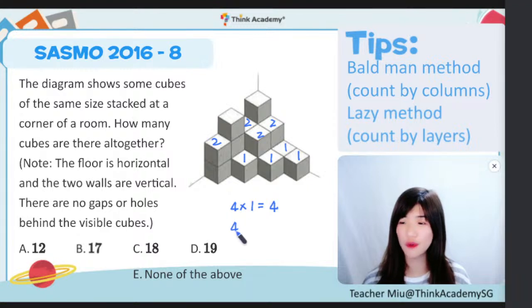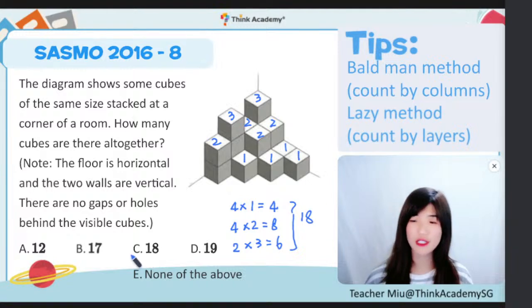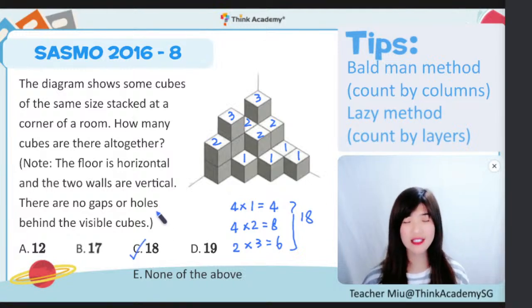Again, 4 groups of 2, that gives us 8. Then for the 3, we have 3 and 3. They are 2 groups of 3, so they are 6. Altogether, 4 plus 8 plus 6 equals 18. So that's why we get the answer C. This is one way to do it with the boatman method.